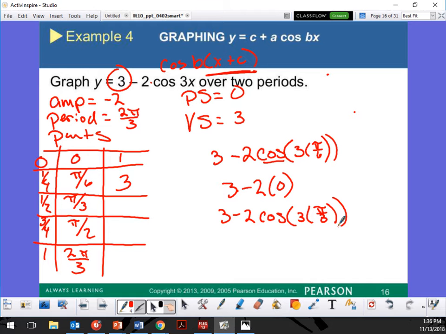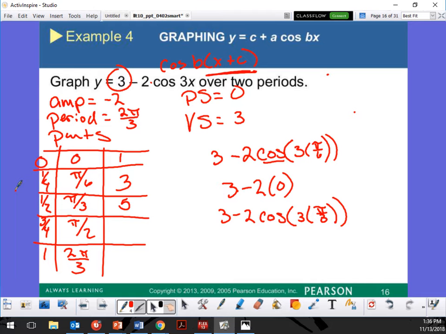Cosine at pi is negative 1. Negative 1 times negative 2 is positive 2, and now it's at positive 3, so it's 5. I counted 0 pi instead of pi.